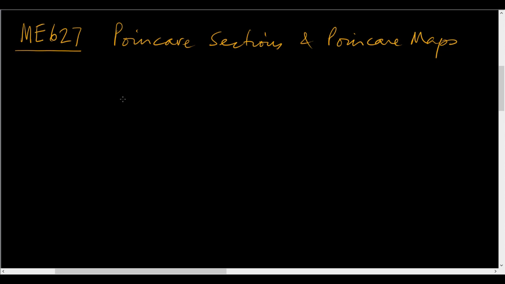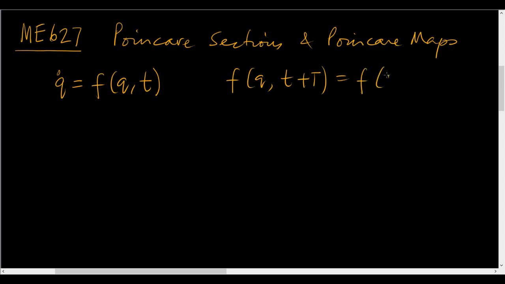So let us think of a system like this. q dot is equal to f of q, t. There is no epsilon here, it is not small. f of q, t plus capital T is equal to f of q, t for all q, t and some capital T greater than 0.